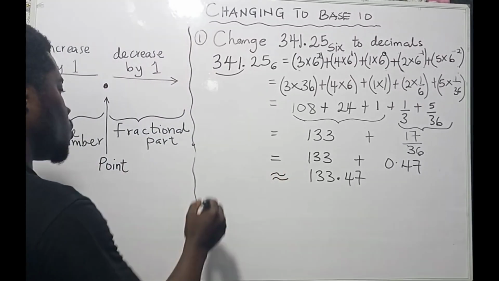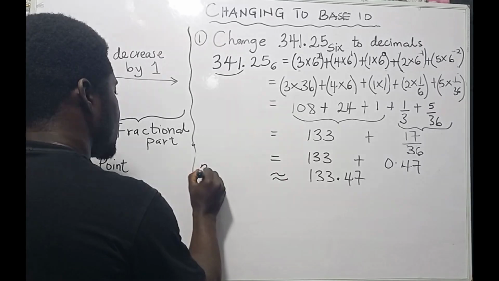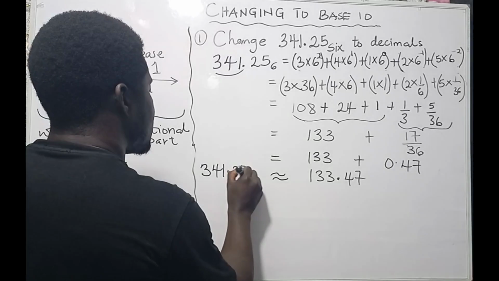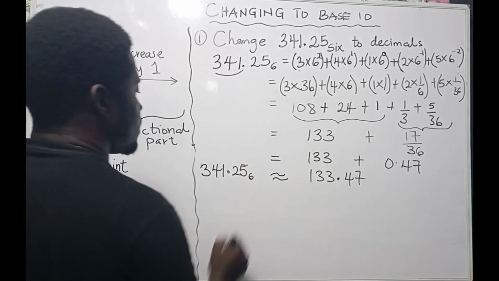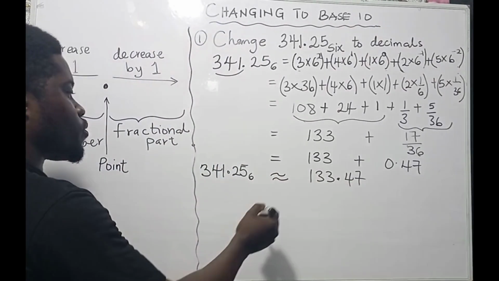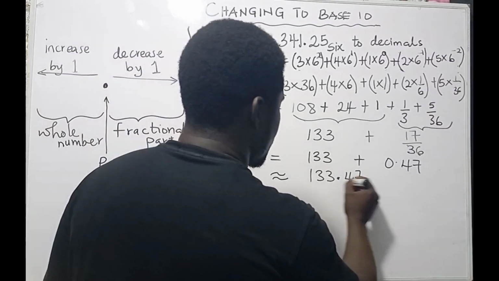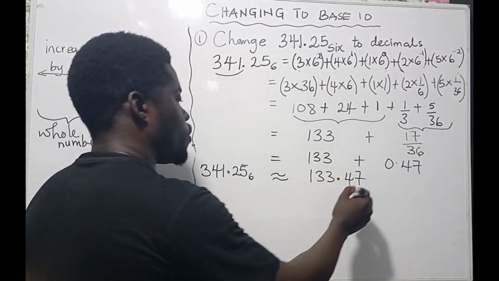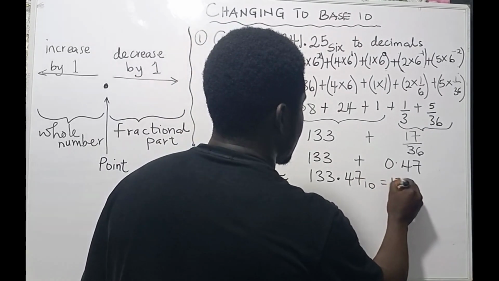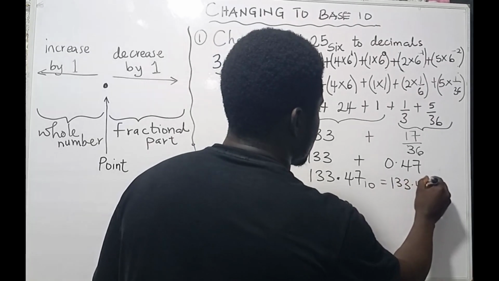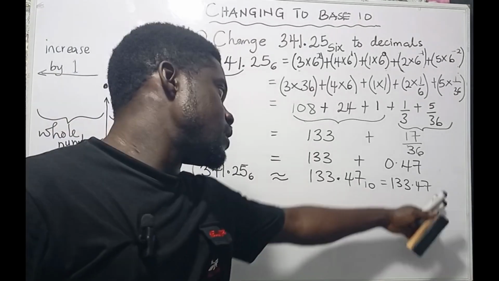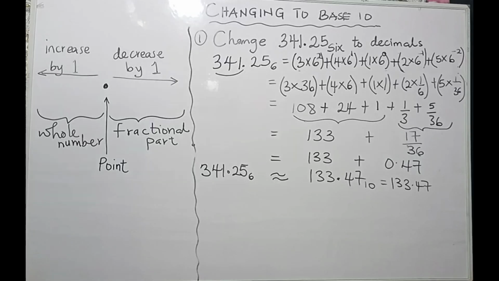So 341.47 base 6 is approximately equal to 133.47 in base 10, and that's the same as having 133.47 without the 10, because any number without the base is assumed to be in base 10.